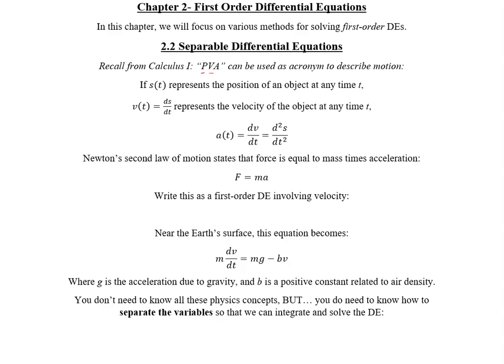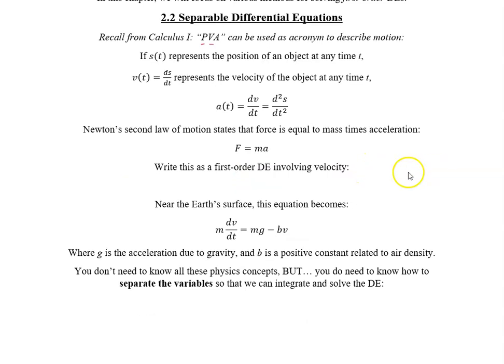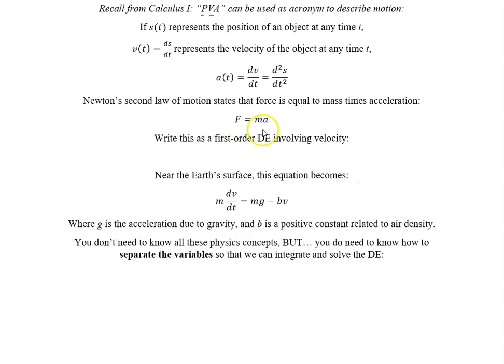It says that Newton's second law of motion states that force is equal to mass times acceleration. So we could write that equation this way: force equals mass times acceleration. If we were to write this as a differential equation, because remember, acceleration is dv/dt, I'm going to rewrite this as force equals mass times dv/dt.